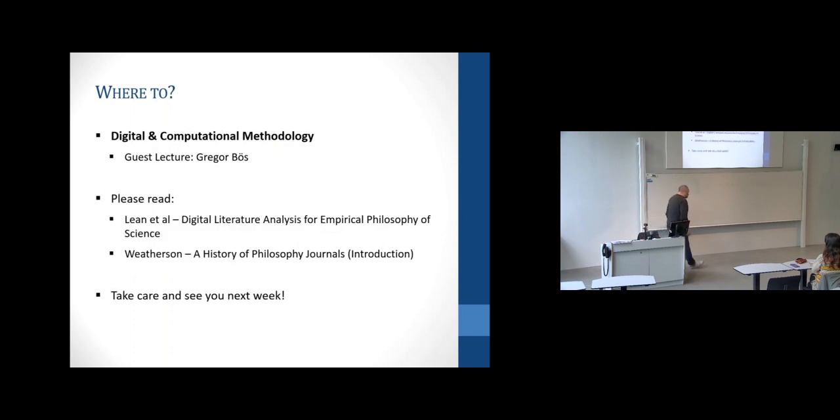Next week we're going to talk about how to use digital and computational methods. Gregor, who's going to give the guest lecture, is going to focus mostly on history of philosophy, and how we can use these special computational tools to do history of philosophy, but also capital P analytic philosophy. What kind of things can these tools actually let us do? Is it just playing around with graphs, or does it actually give us something new and exciting?